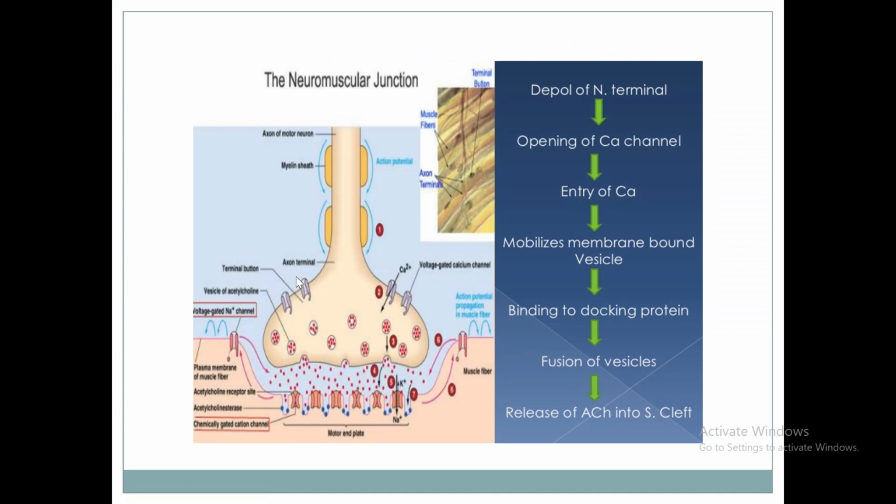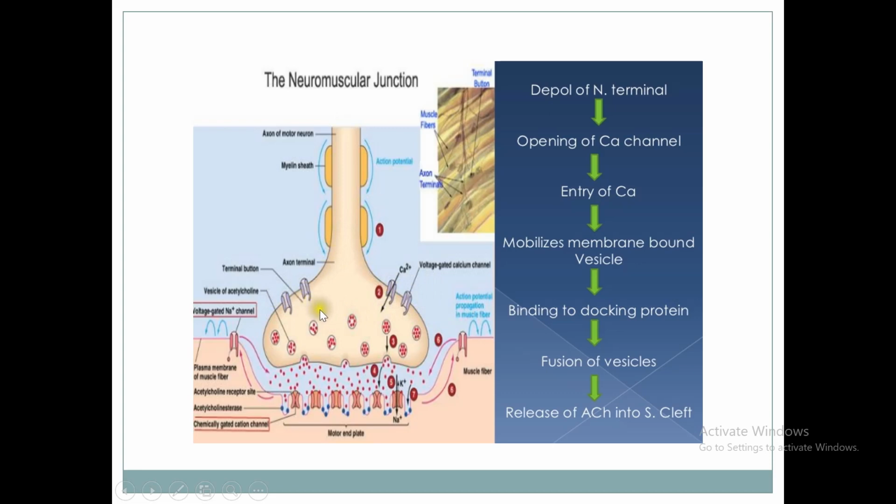This is how the neuromuscular junction and its transmission of current occurs, starting with depolarization of nerve terminals by current flowing through the axon of the motor neuron.